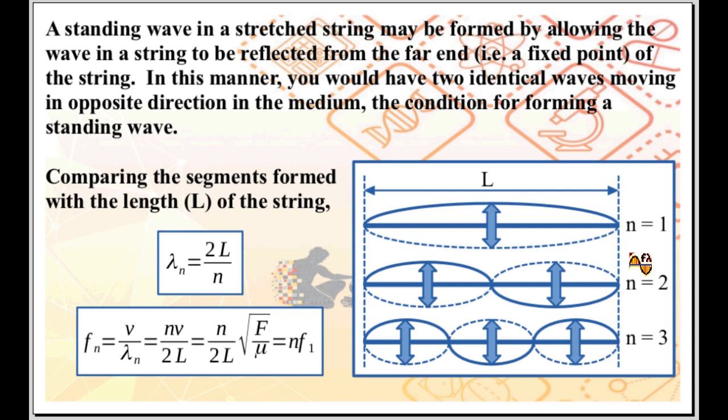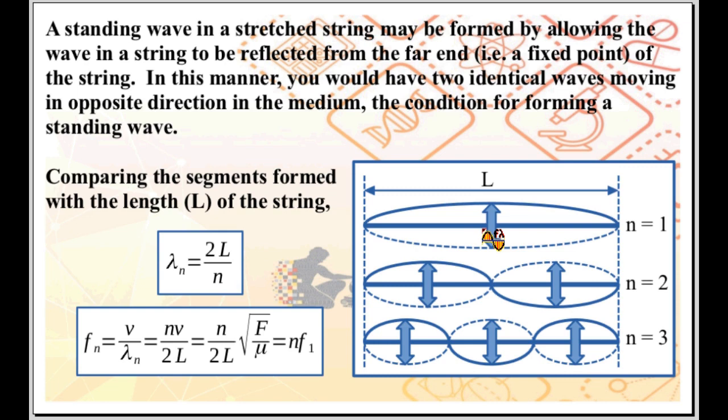And since lambda depends on N, if we keep the length of the string constant, you have lambda n. Lambda 1 is 2L, lambda 2 is 2L over 2, lambda 3 is 2L over 3, and so on.